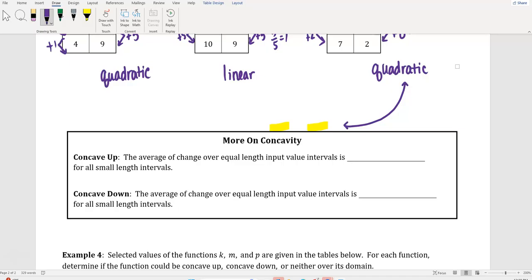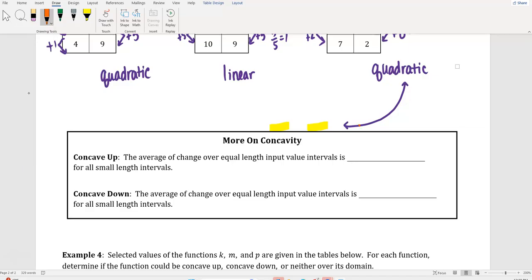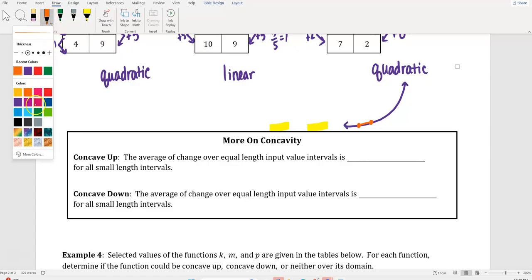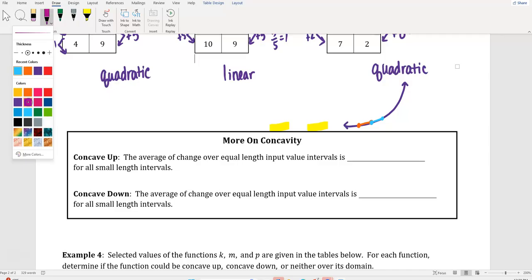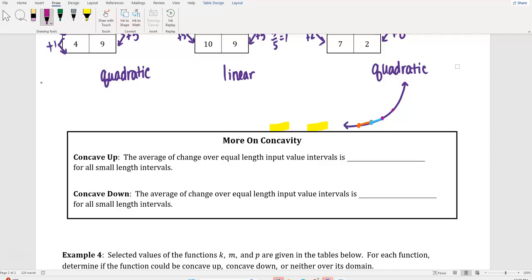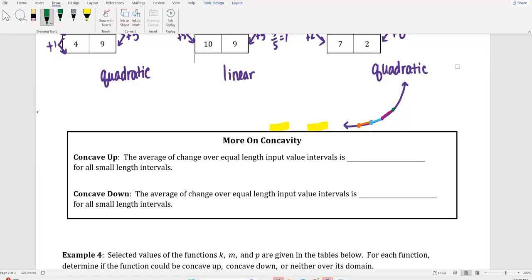If we think of taking the slope of the graph on little intervals, like from here to here, I have this slope, and then I want the same distance, like our x is increasing by the same amount, and I do this little slope, and this little slope, and let's do one more.